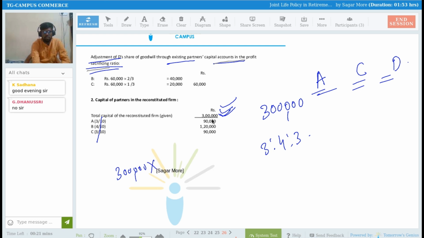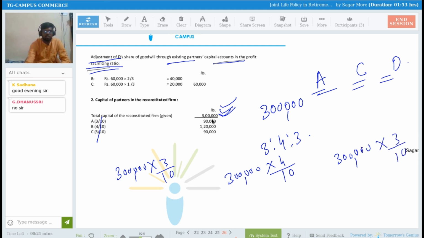3 lakhs into 3 divided by 10. 3 lakhs into 4 divided by 10. 3 lakhs into 3 divided by 10.